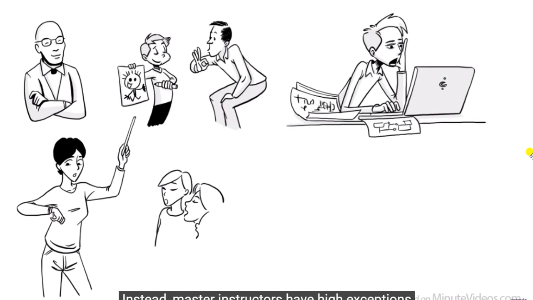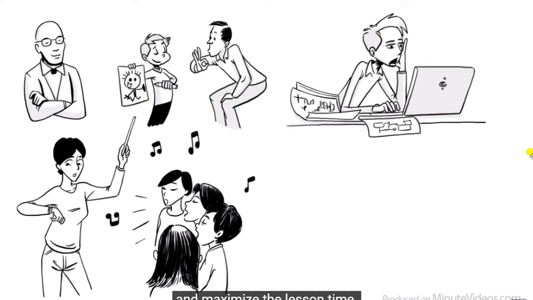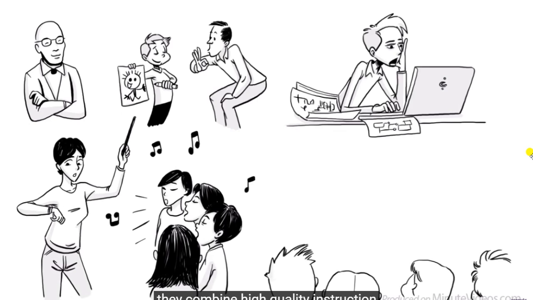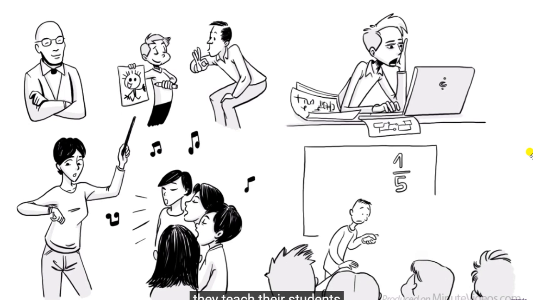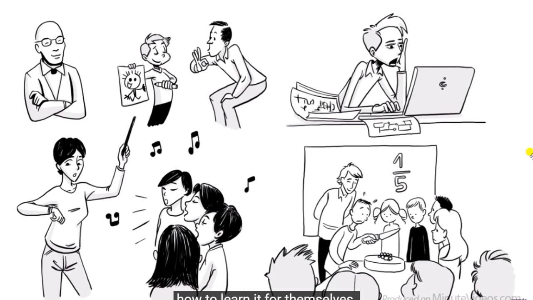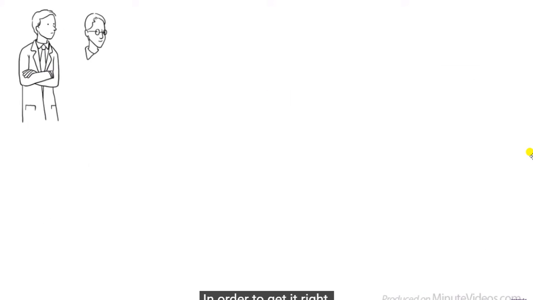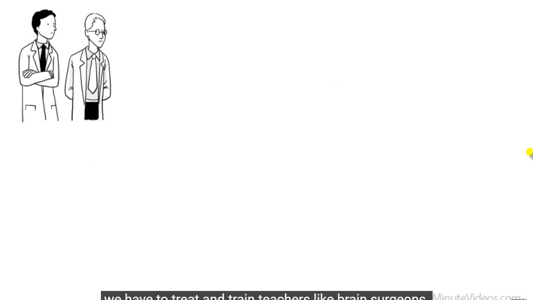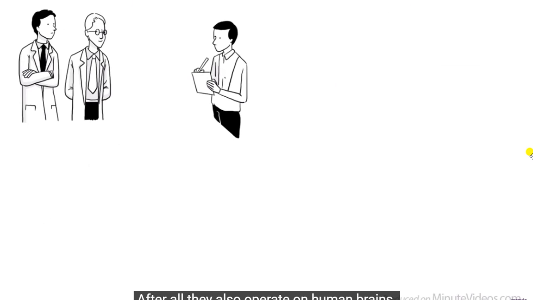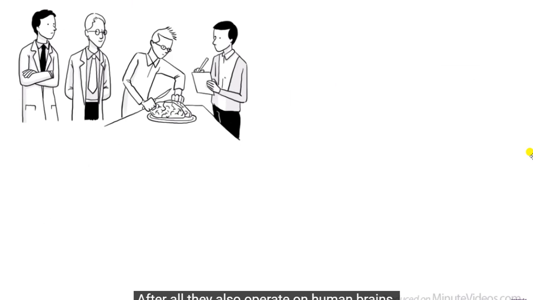Instead, master instructors have high expectations and maximize the lesson time. But most importantly, they combine high-quality instruction with pedagogical content knowledge. They don't teach a subject, they teach their students how to learn it for themselves. In order to get it right, we have to treat and train teachers like brain surgeons. After all, they operate on human brains.